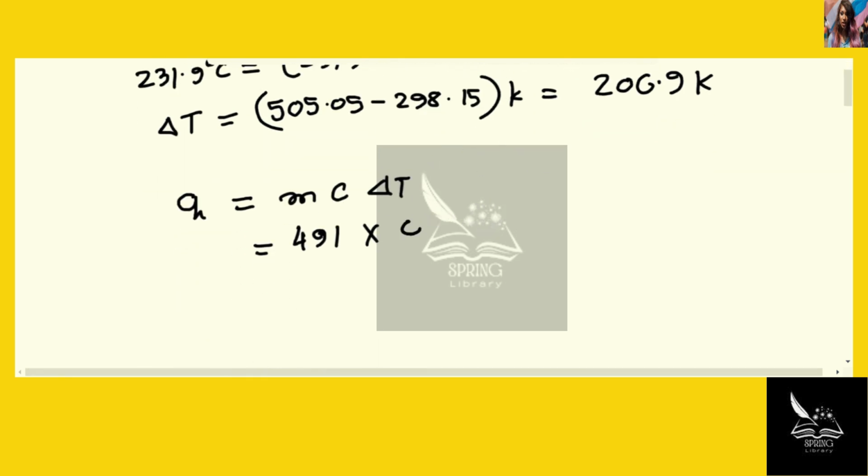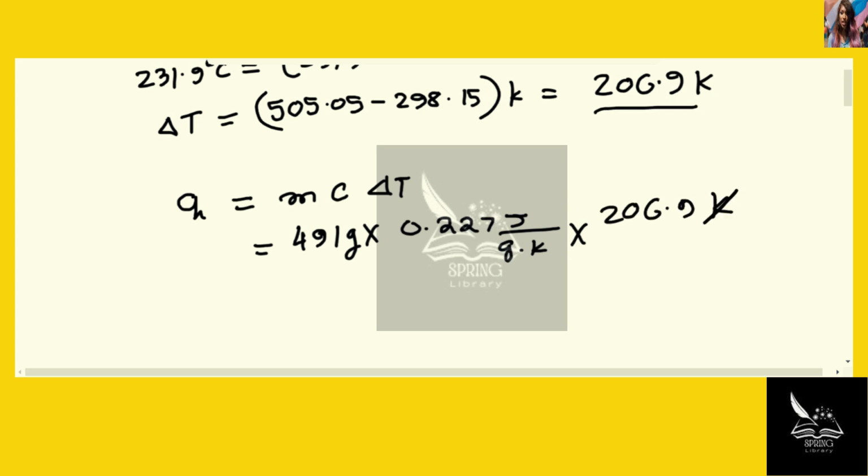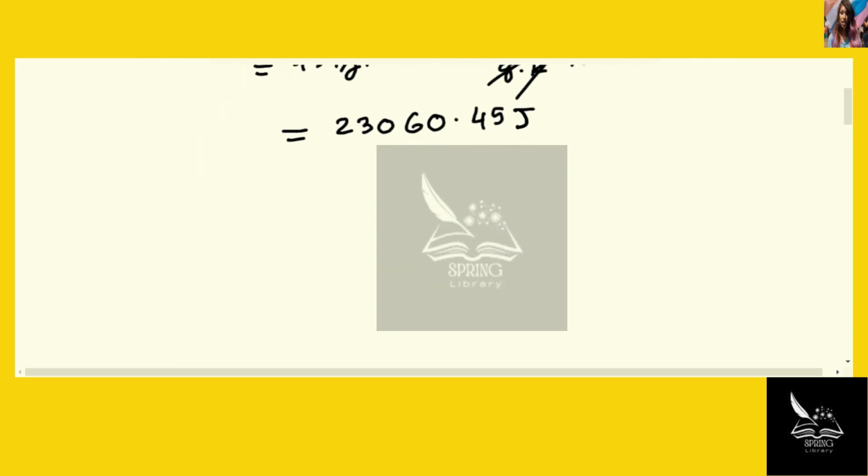So let's write that, 0.227 joule per gram K, and times delta T, this one, 206.9 Kelvin. This one gets cancelled, this one gets cancelled, and if we multiply, we get 23060.45 joule. That's the heat required to raise the temperature from 25 degrees to 231.9 degrees centigrade.